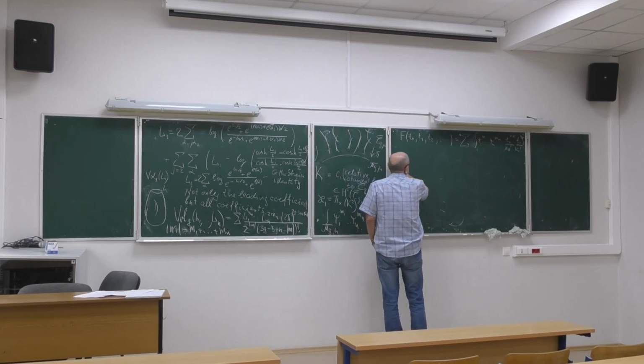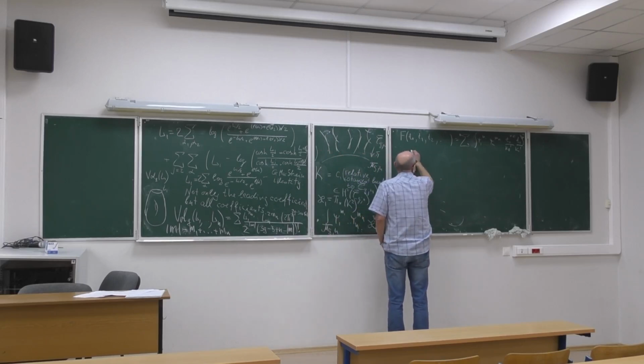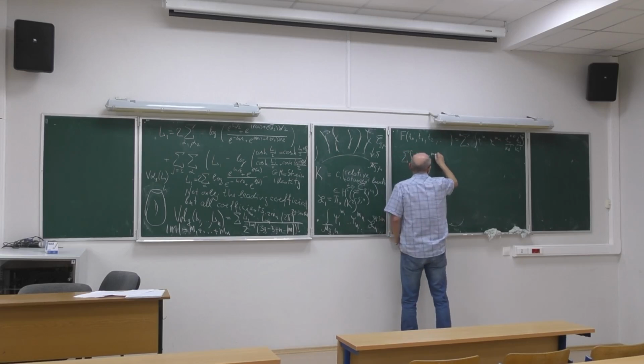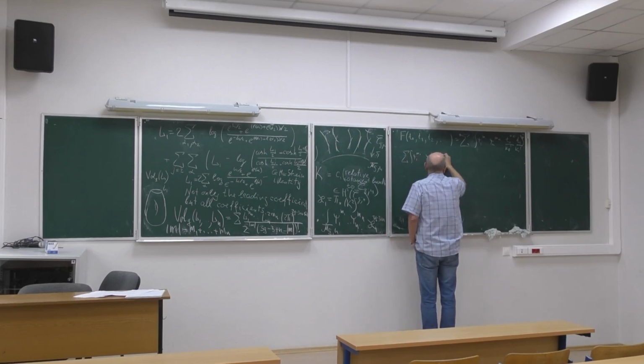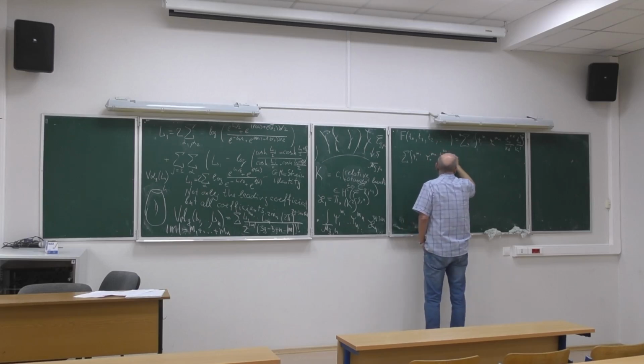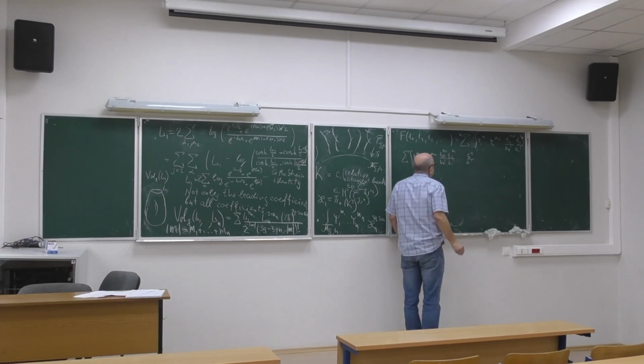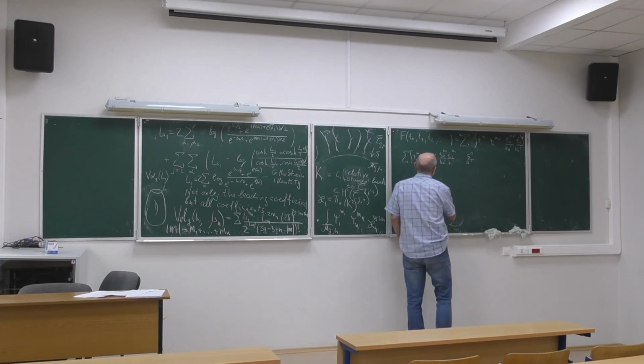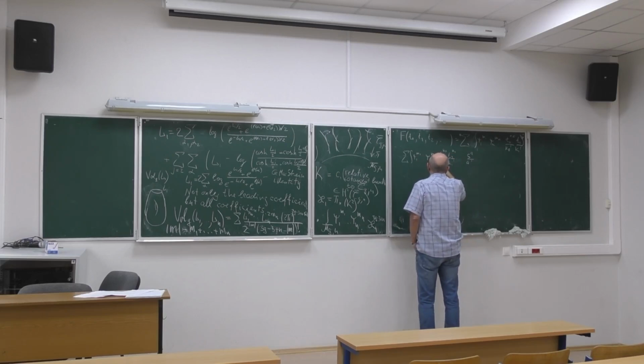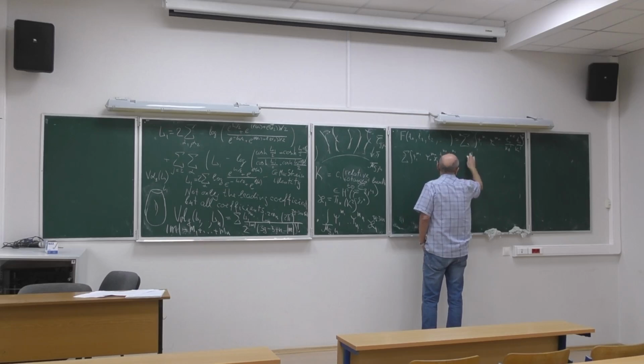Let me write it in the form psi1 to the m1, psi n to the mn, T0 to the power k0 over k0 factorial, T1 to the power k1 over k1 factorial, and so on, s to the power k over k factorial. The letters have run out. Which power should I take for kappa 1?